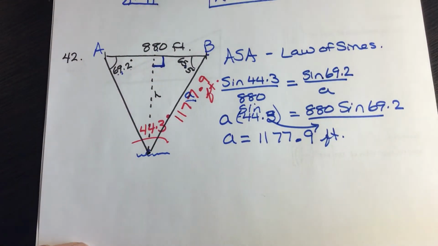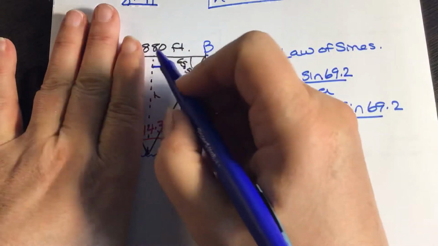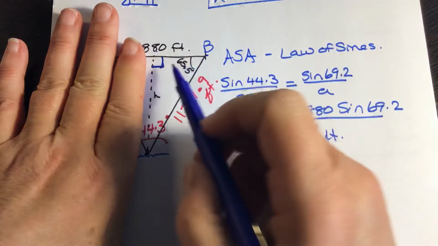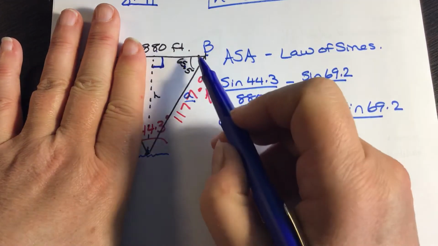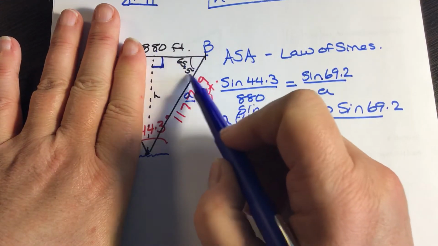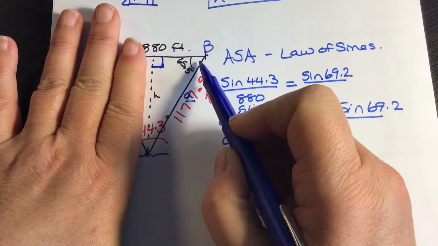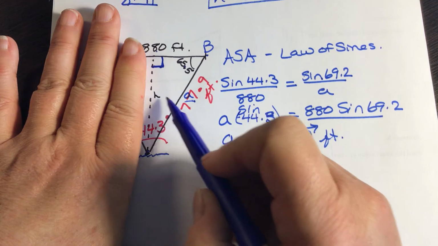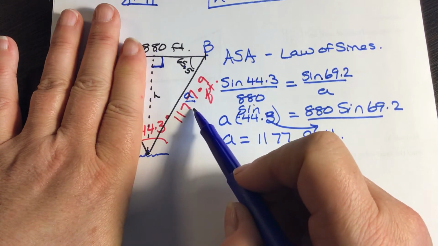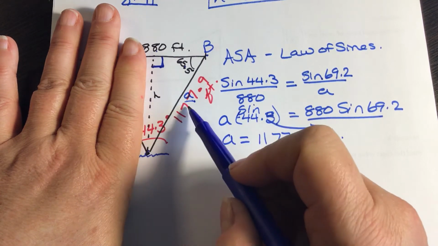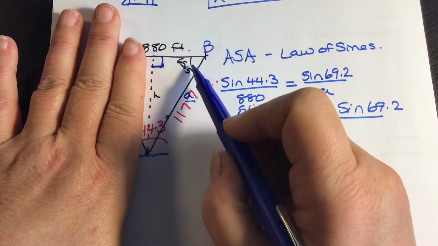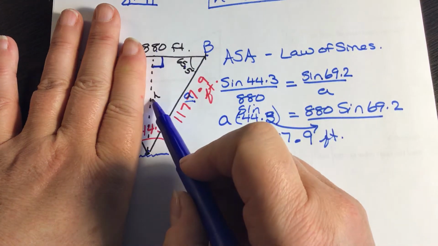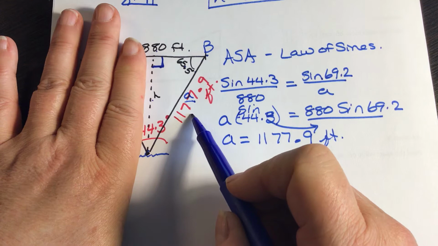All right, so now I'm going to take just this triangle right here, and this is a right angle. This angle is 65.5. So if I use the side opposite over the hypotenuse, that again is sine. So sine of this angle equals h over 1177.9.